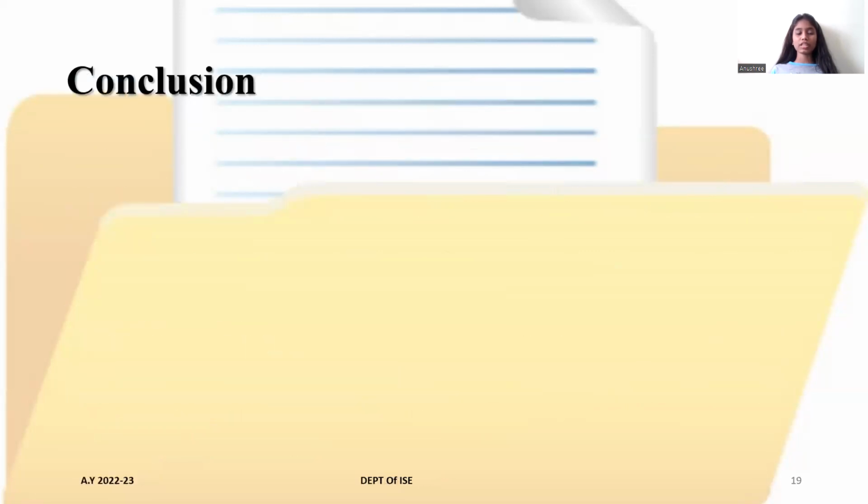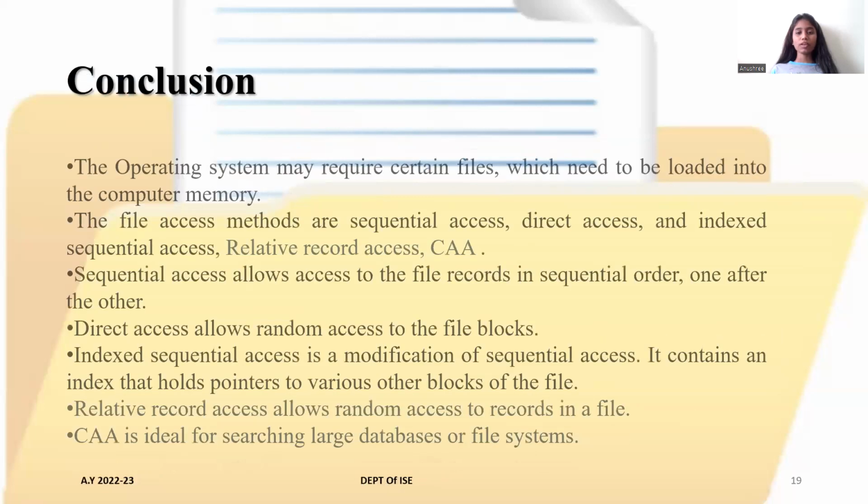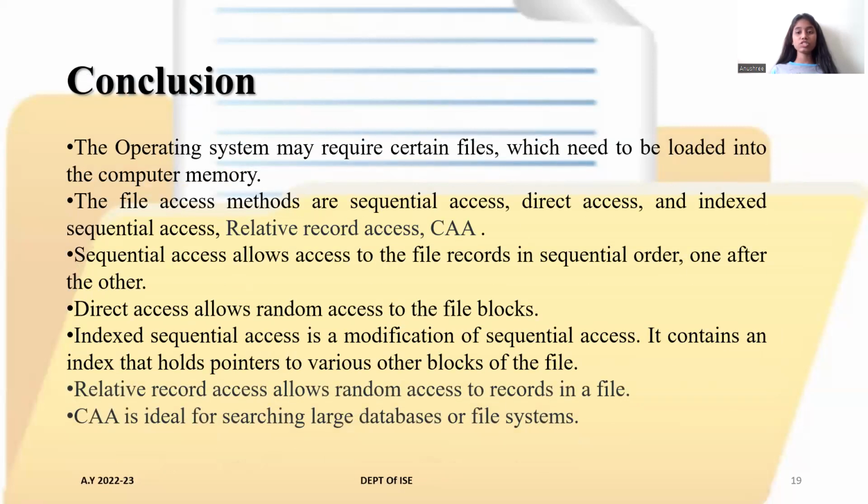So finally, we have the conclusion. The operating system may require certain files which need to be loaded into the computer memory. The file access methods are sequential access, direct access, indexed sequential access, relative record access, and CAA. Sequential access allows access to file records in a sequential order, one after the other.